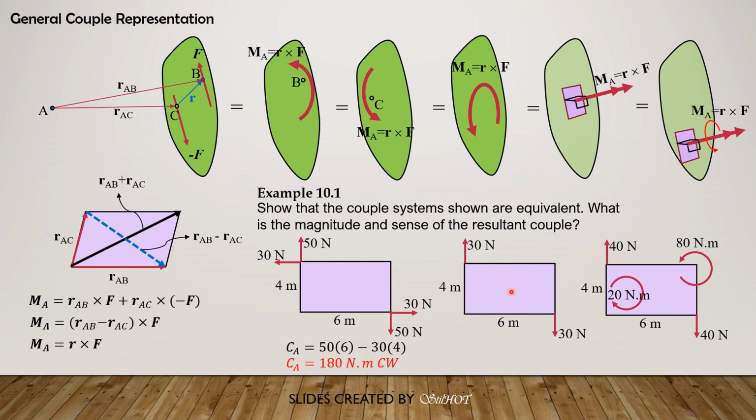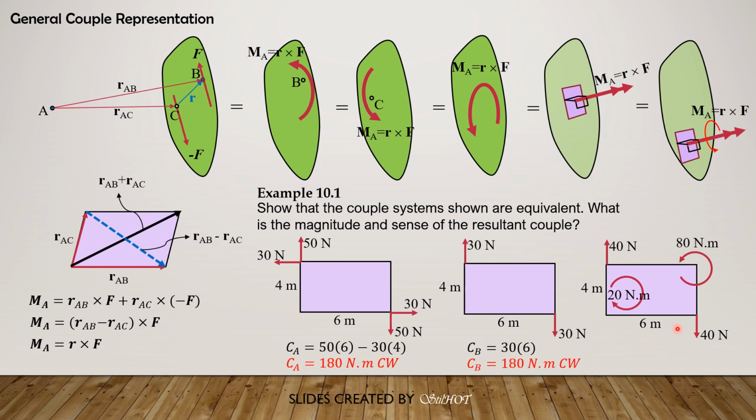In the second situation, we only have one couple, and the sense is clockwise, and the magnitude is 30 times 6. So 30 times 6 is 180. This is the same as the couple system at A, so that's why they are equal.